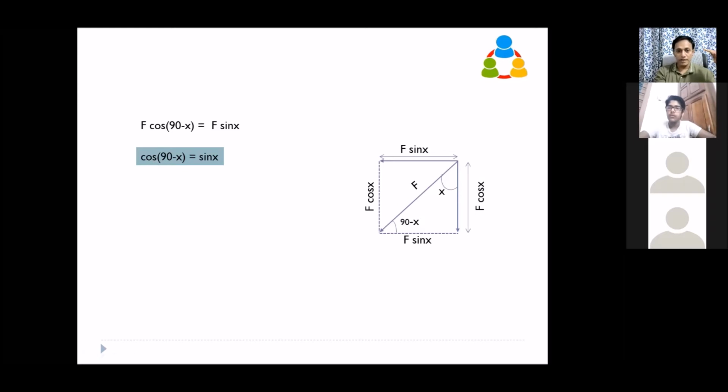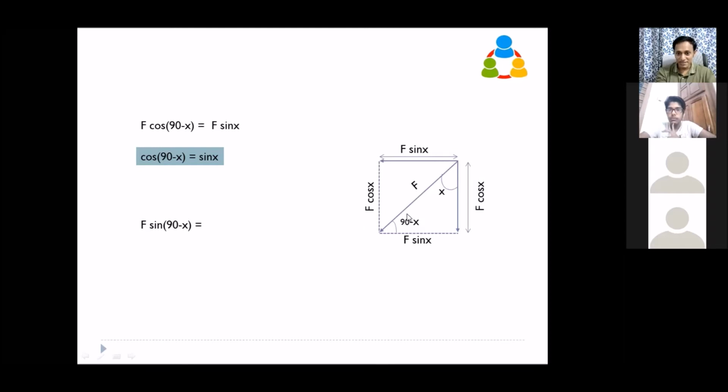Yes. So you tell me, what is f sin(90 minus x)? Cos x. F cos x. Right? Do you all get this? Because we are telling, if this is x, f cos x is this, and f sin x is this.